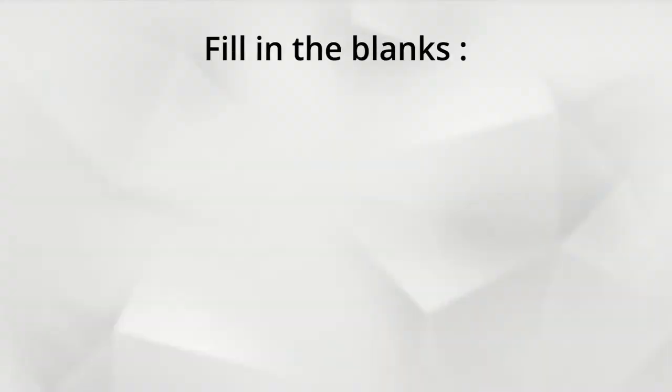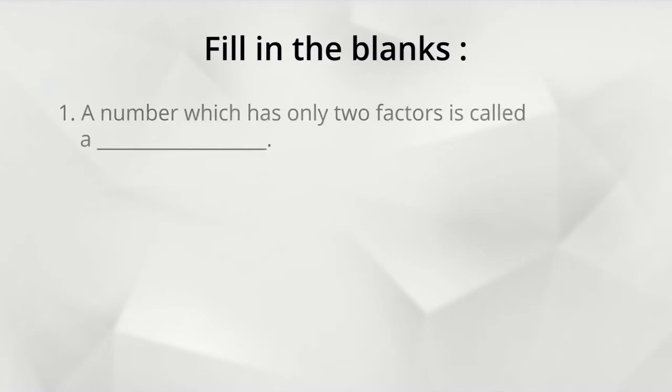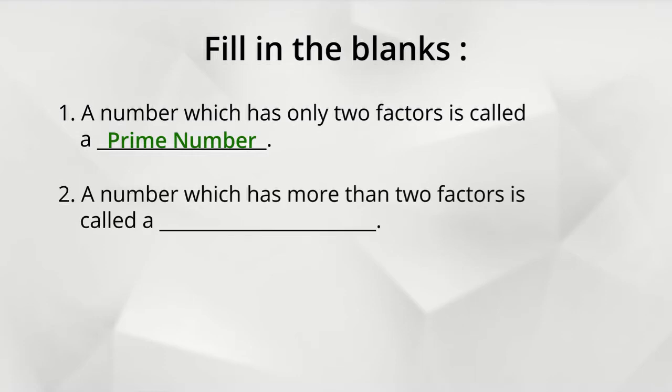Now let us do some fill in the blanks. First, a number which has only two factors is called a prime number. Second, a number which has more than two factors is called a composite number.